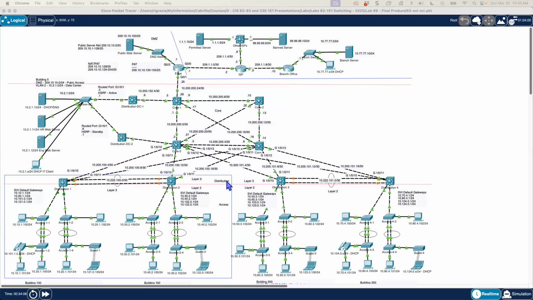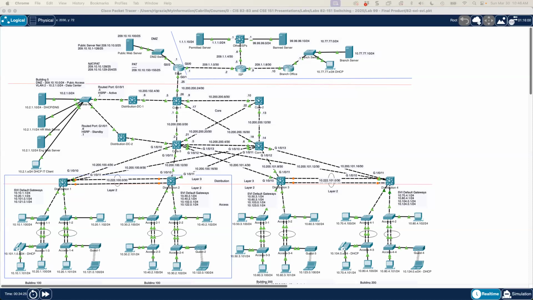Everything outside this blue block here is already operational, including our simulation of a little bit of an internet, and we have an operational switch block here. So your configurations must integrate smoothly without disrupting existing services. And that's what we'll be doing.